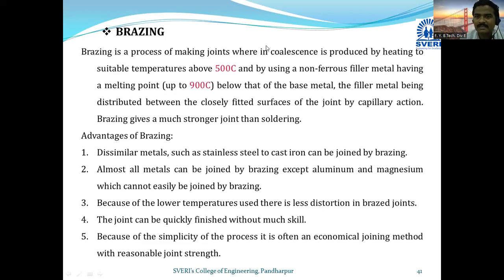Okay, the parts you want to join, just I will present the diagram.